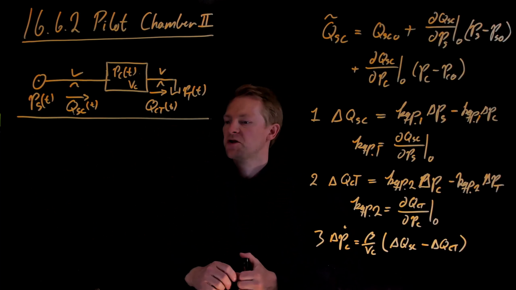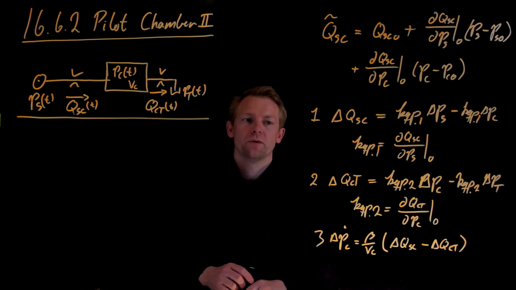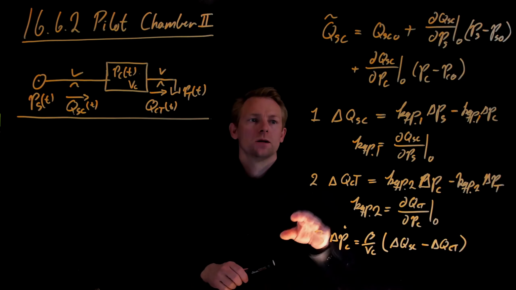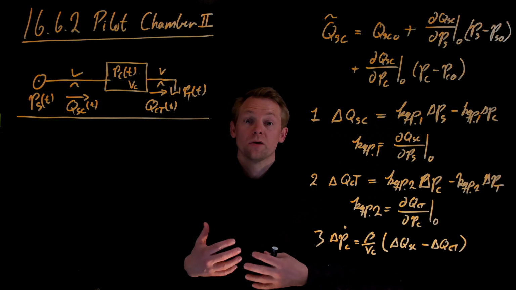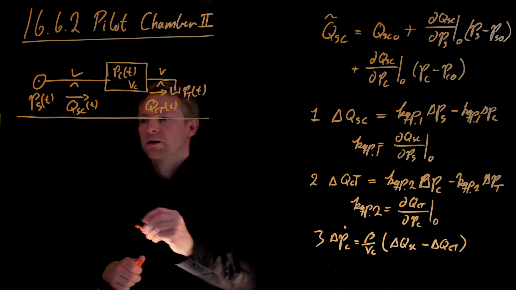Now with a bit of space left over here, let's take the Laplace transform of the different ones that we have. And what we do is we say that we have now transformed them into the Laplace domain, and they will look like this.